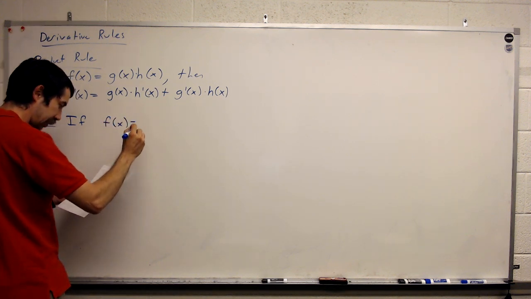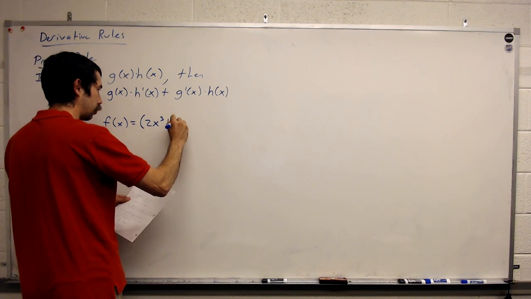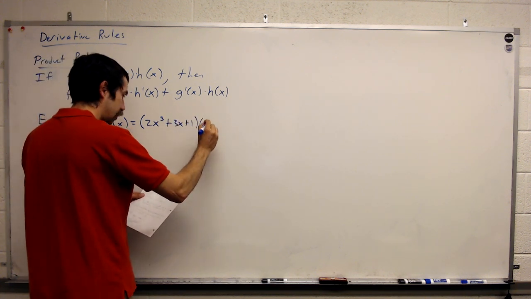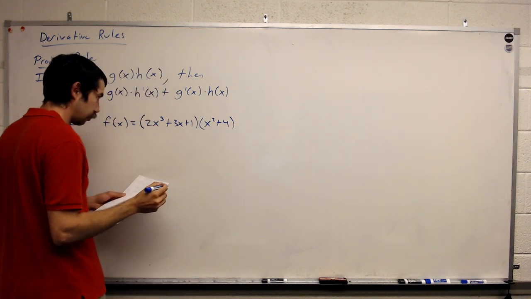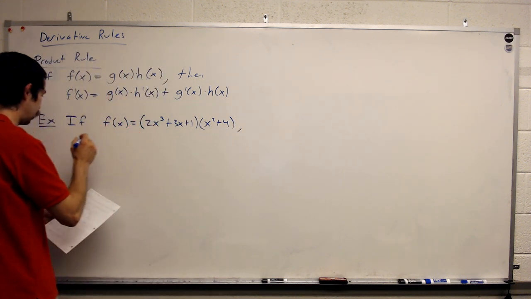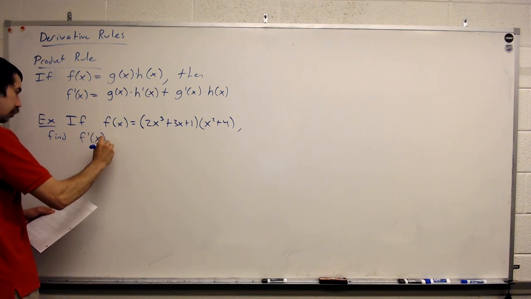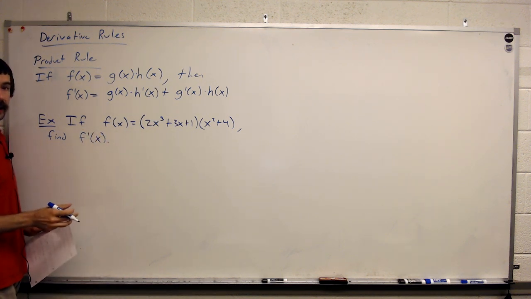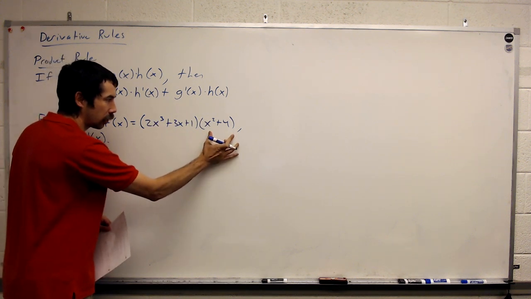If f of x is equal to 2x to the third plus 3x plus 1 times x squared plus 4, we want to find f prime of x. All right, and so this function is a product, right? It's the product of these two functions.